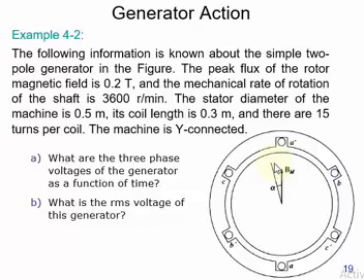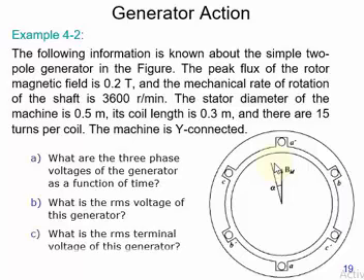What is the RMS voltage of this generator? This is part B. In part B we will find the maximum voltage induced, and then we will divide it by under root 2 and find the RMS voltage of this generator.